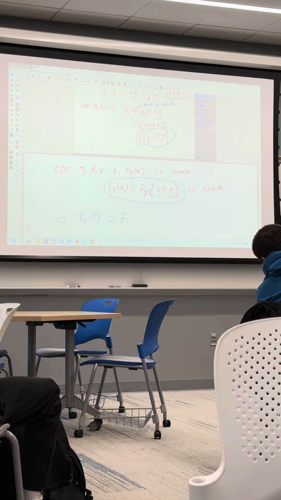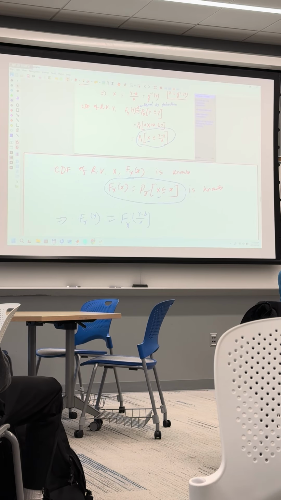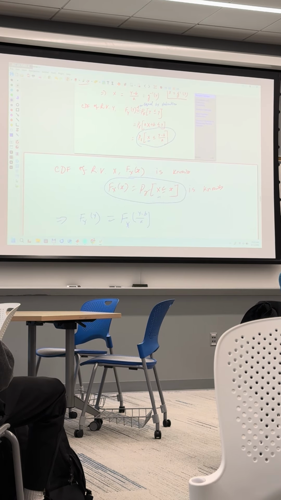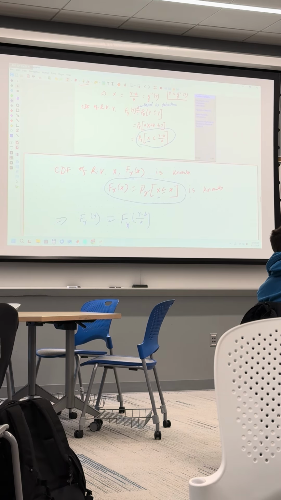I can write it in terms of f sub x. The argument is y minus b. Now, because this function is known, we went through this CDF, you just pass this argument, y minus b over a, in this function. That's all.